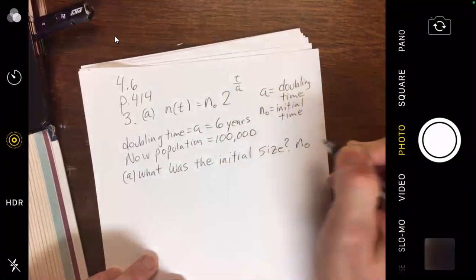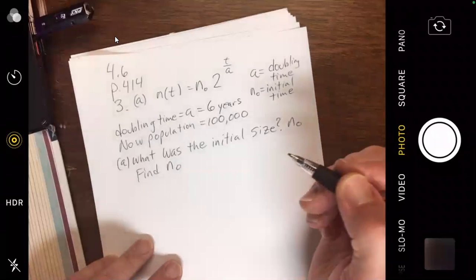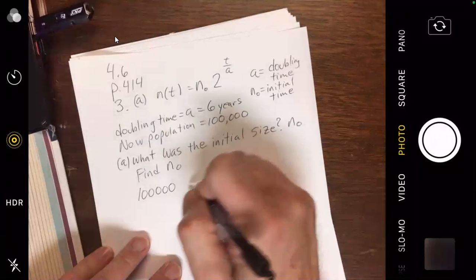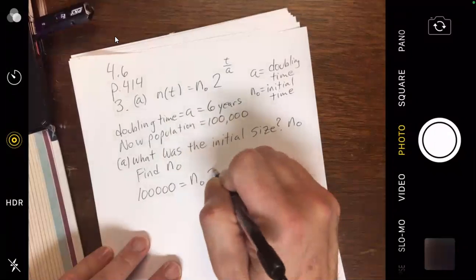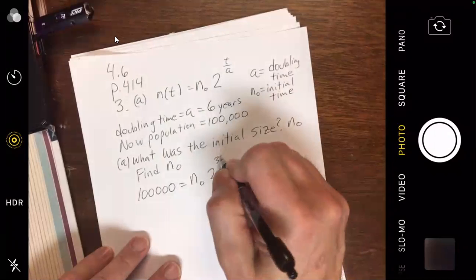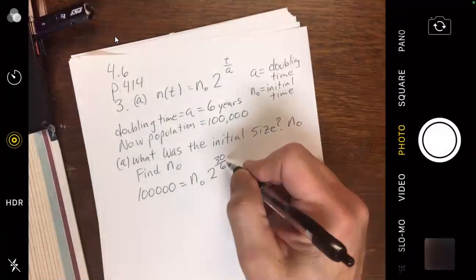That'd be N0. In other words, find N0. So you'd have 100,000 equals N0 times 2 to the t, which is 30 over 6. Now, where did 30 come from?